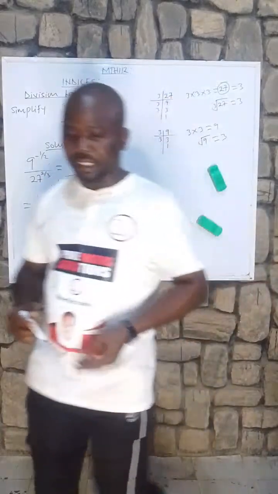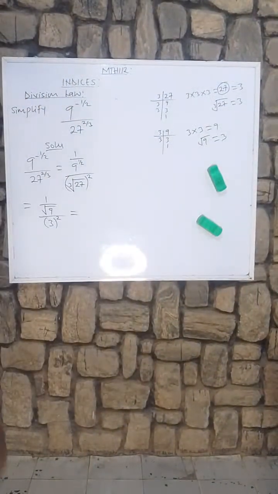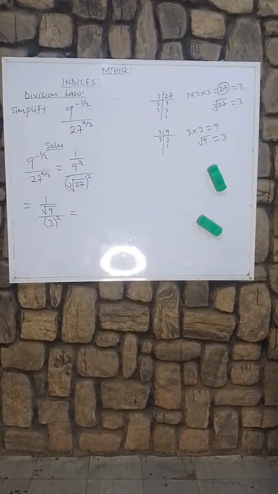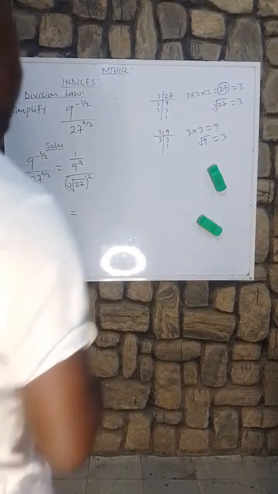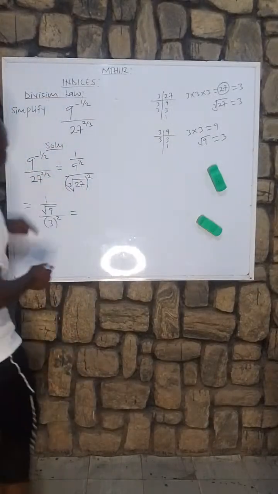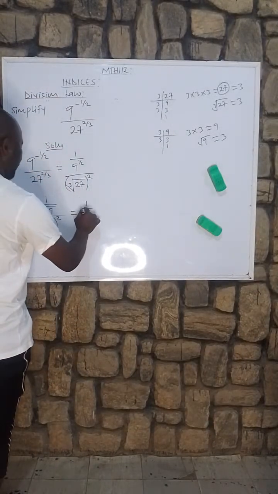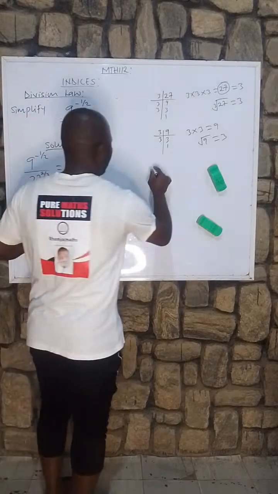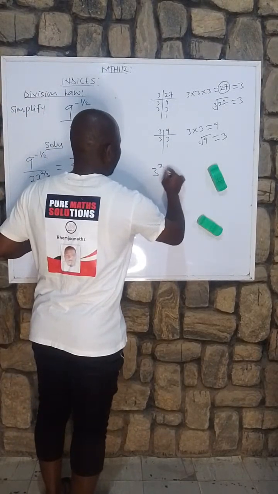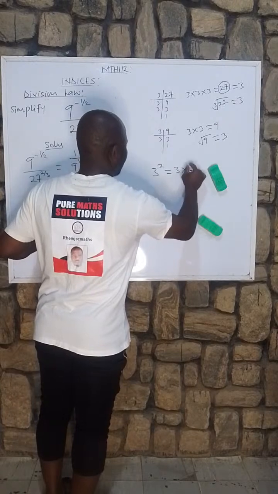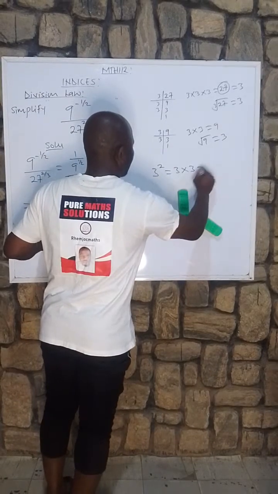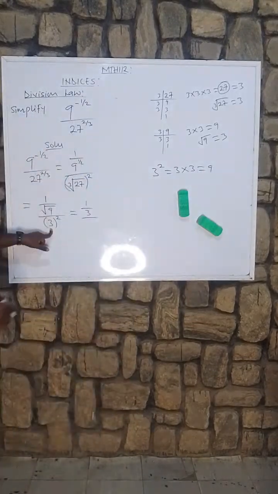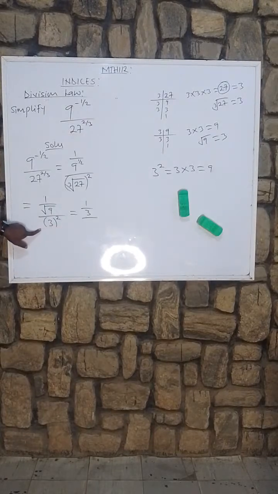Any question, please? Do you have any question? No question, right? So far, so good. So here will now be 1 all over 3 all over. Here, when we have 3 squared, it means this is the same as 3 times 3. True or false? Which is equals to 9. So look at this place very well.